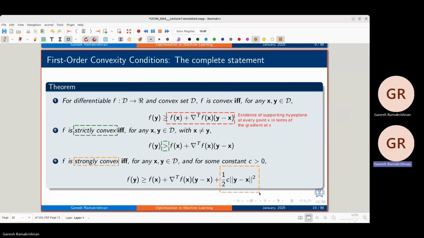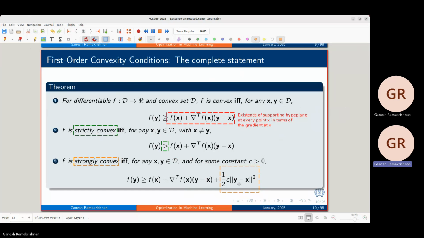You're basically saying supporting hyperplane, but with a guaranteed gap. Think of it as a separating hyperplane. It says that f(y) should be greater than or equal to what the supporting hyperplane offers, plus a quadratic gap, a gap that increases quadratically in the distance between the point y and the point x.